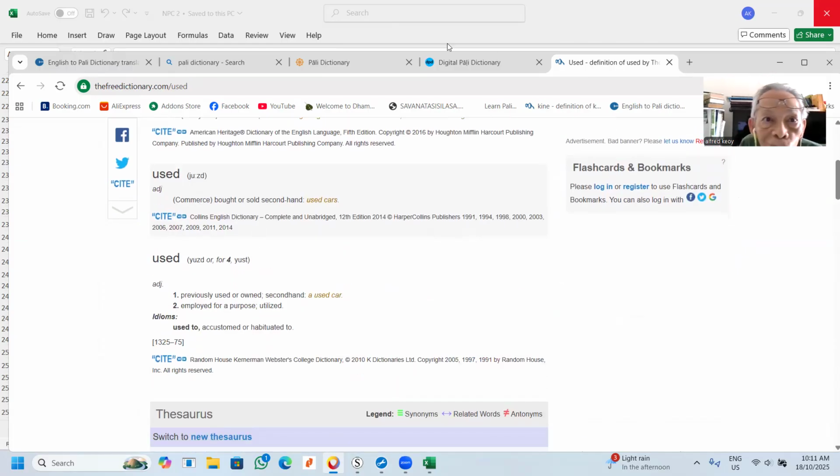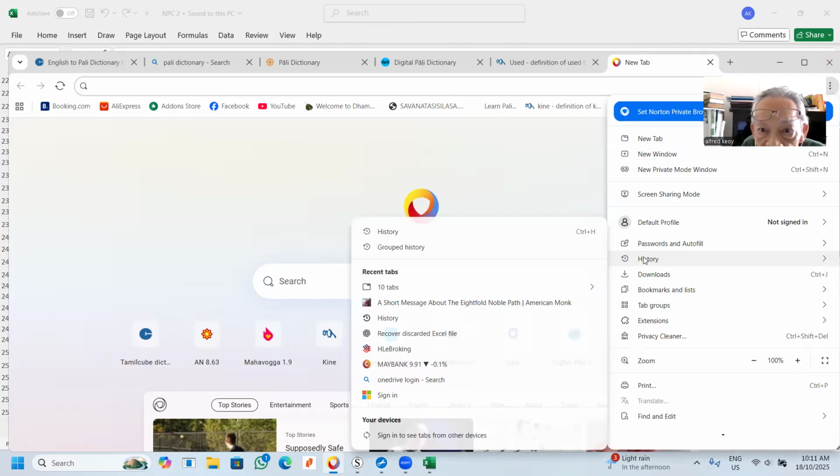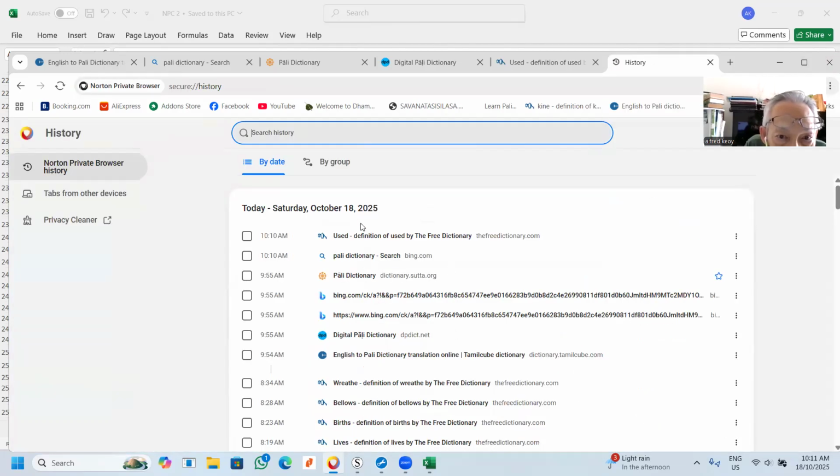Not this one. I'll try to open another one, because earlier I saw this, what do you call it, the English dictionary.